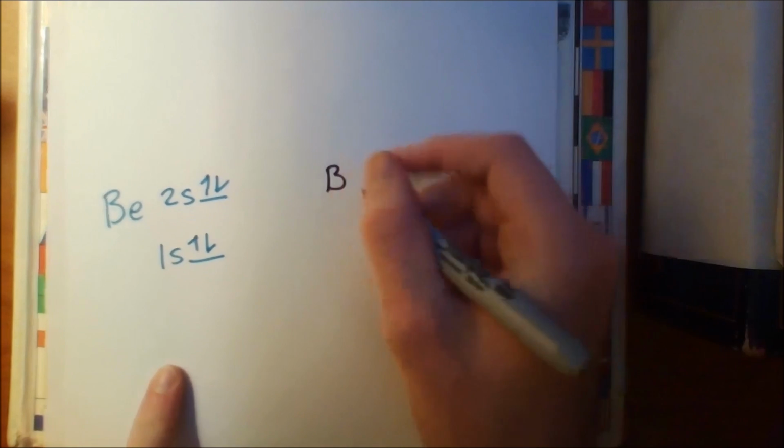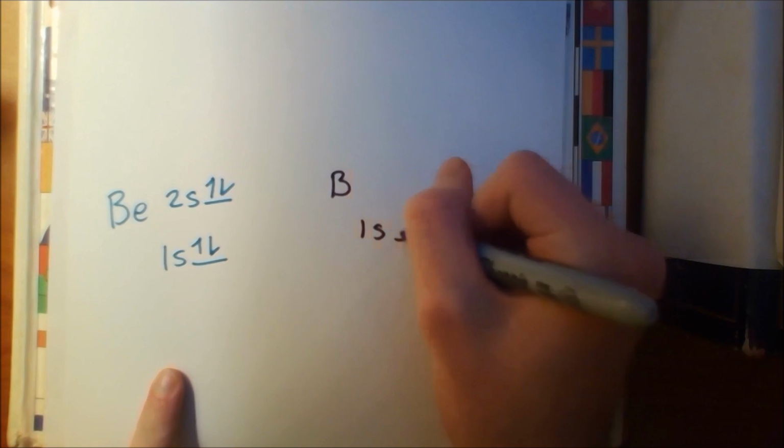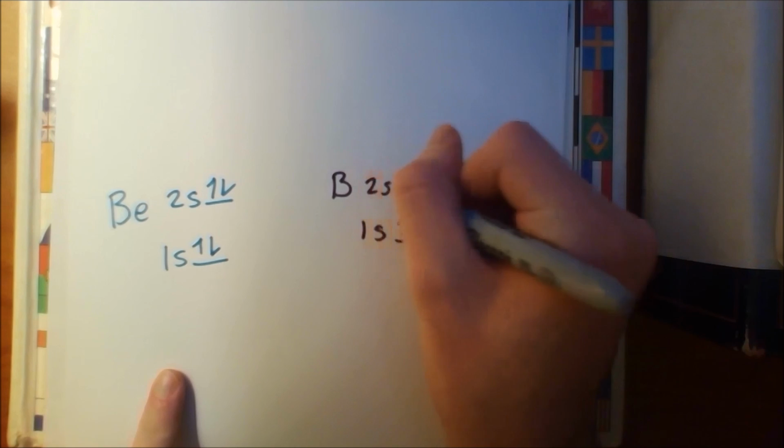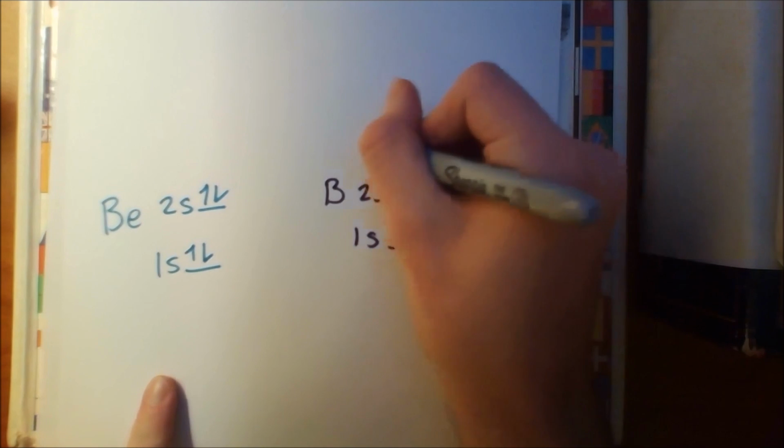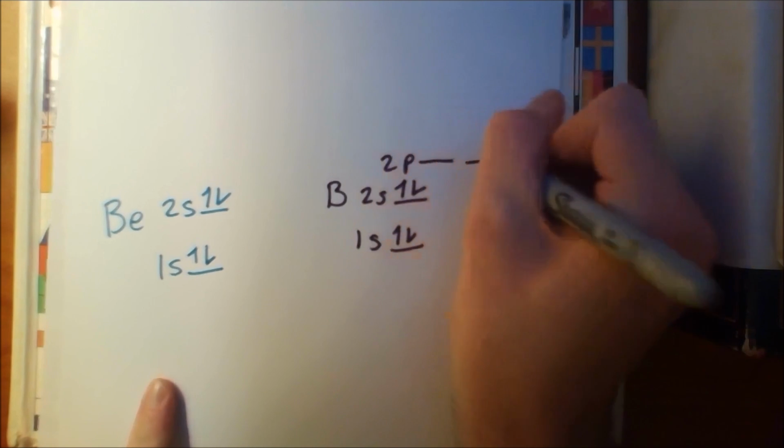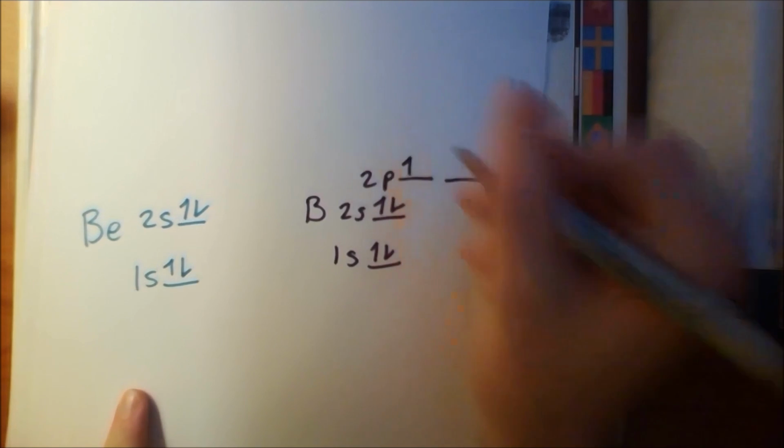The electron configuration for boron is pretty simple as well: 1s with 2 electrons, 2s with 2 electrons, and 2p with 1 electron.